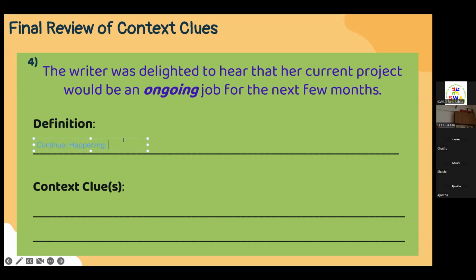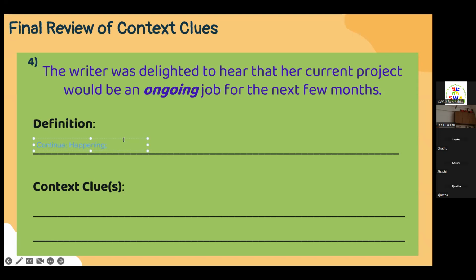This one's also a bit difficult, isn't it? Ongoing job. Sashi and Bhumi, how do you know this is continue or happening?